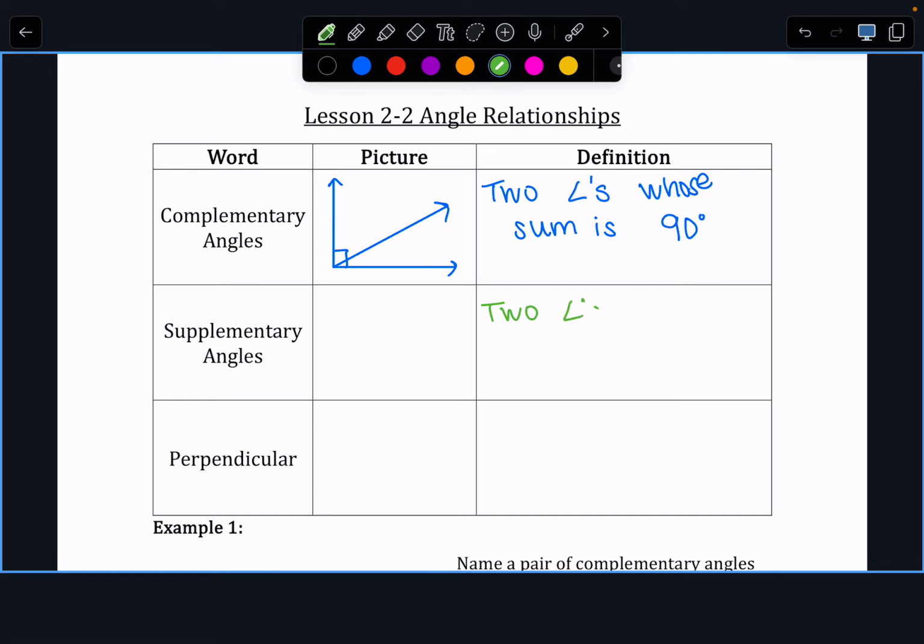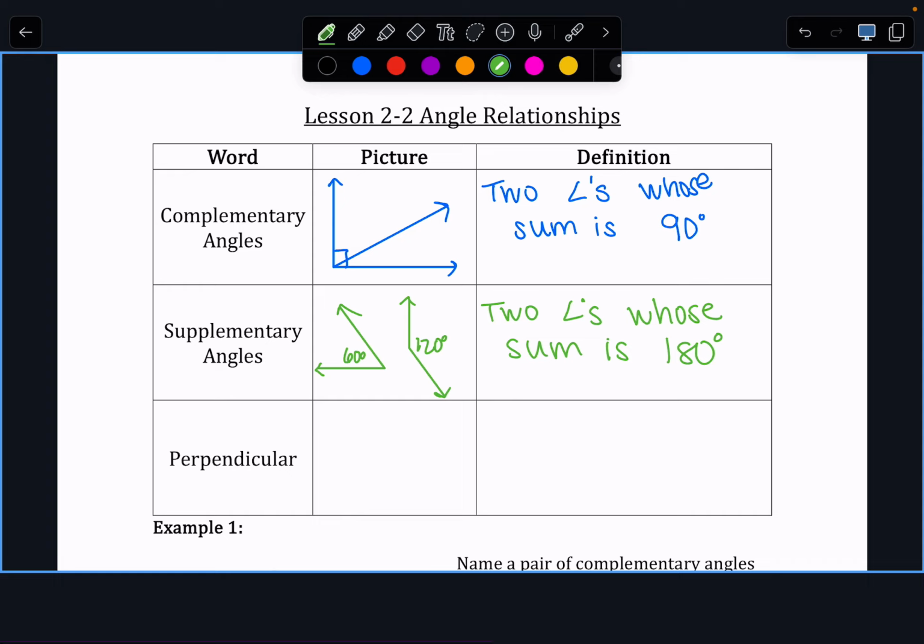Two angles whose sum is 180. So these two angles are supplementary because they add up to 180.